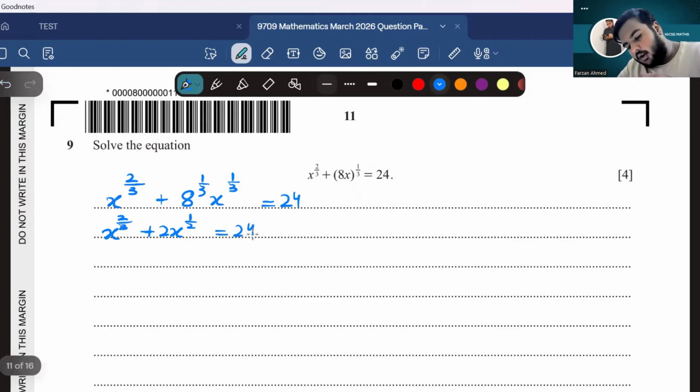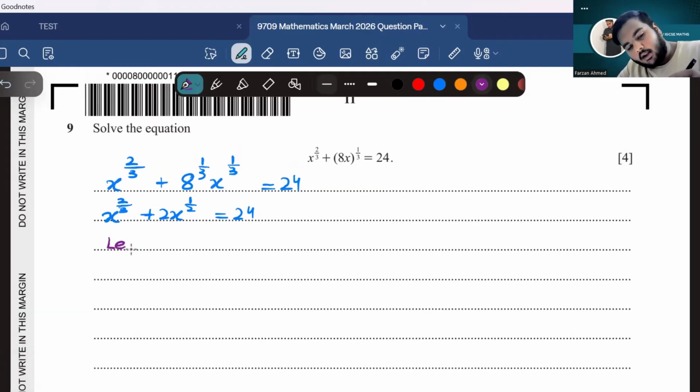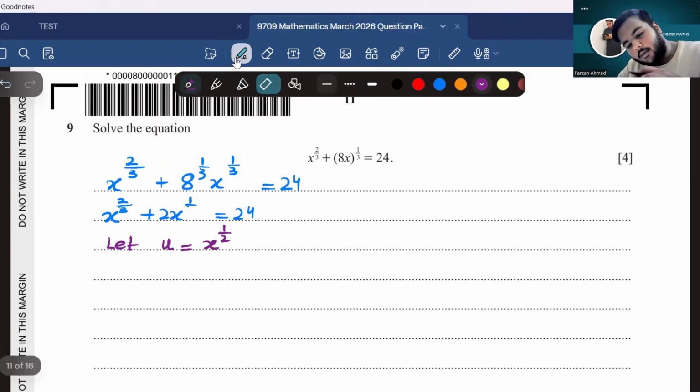Now we will make let u is equal to x raised to power 1 upon 3. Sorry, I was writing 1 upon 2, this is 1 upon 3. Yes.